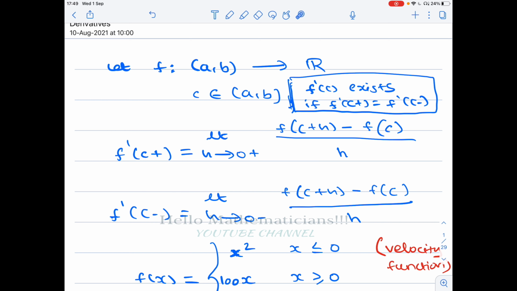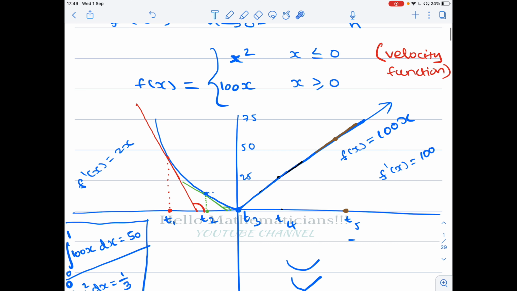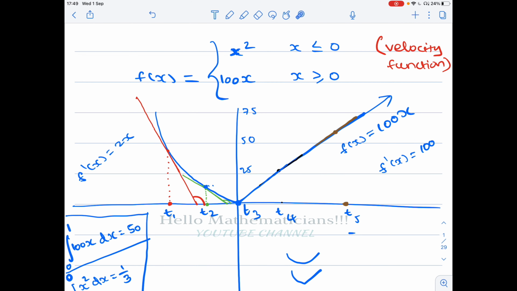So this is the formal mathematical limit definition of derivative, but we want to understand it using some physical interpretation. Let's consider this function: f of x equals x square for non-positive real numbers, and 100x for non-negative real numbers. First let's quickly see that this function is not differentiable at the point 0.